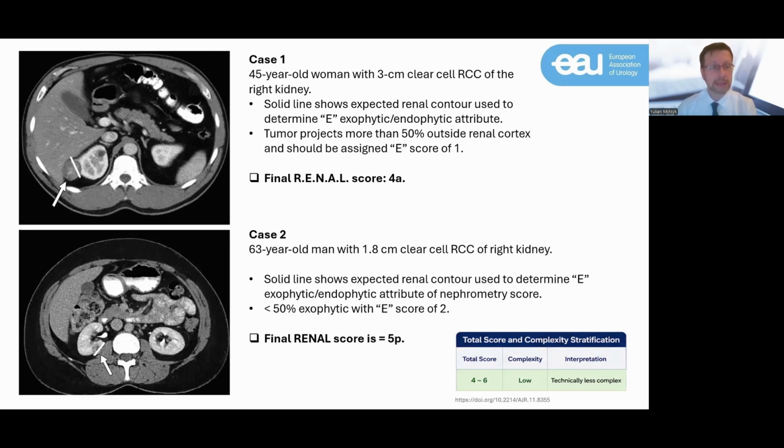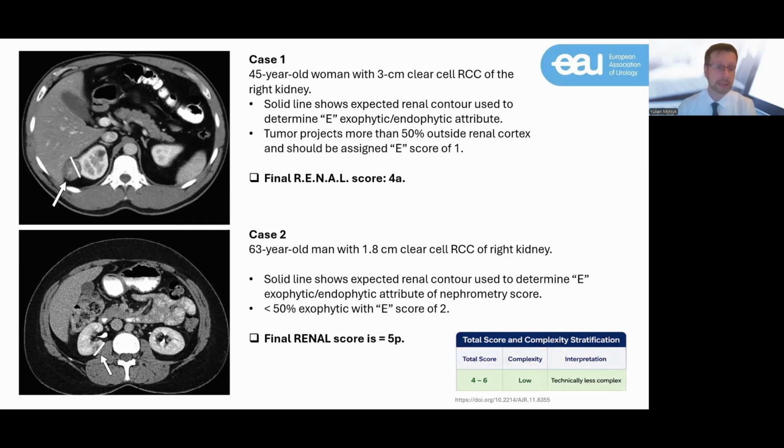In the next case, a 63-year-old man with a 1.8 cm clear cell renal cell carcinoma of the right kidney. We can see the solid line shows the expected renal contour used to determine E, the exophytic or endophytic attribute of the nephrometry score.